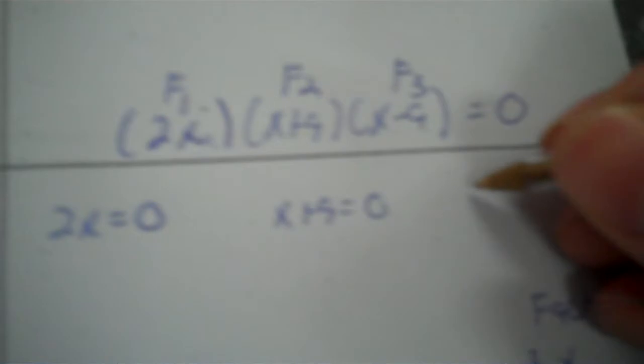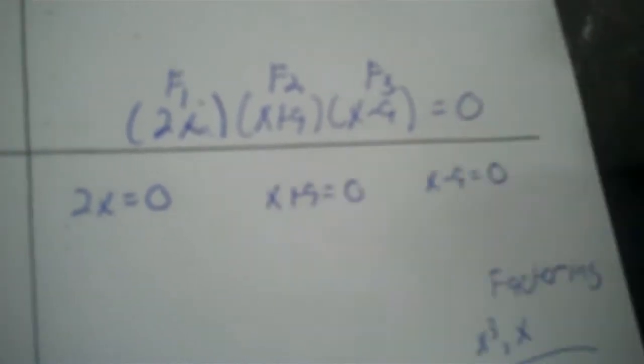Now we have an x here, so that's f1, that's f2, that's f3. Okay, so all these need to be set equal to 0 because we have an x in that first one. So 2x equals 0. X plus 9 equals 0, x minus 9 equals 0. So we divide by 2, and that would be 0, because that means 2 times x.